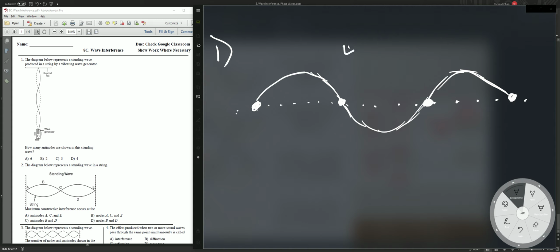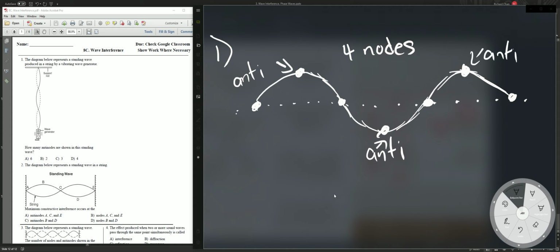So there are 4 nodes here. The antinodes are at the maximum displacement. So these are antinodes, anti, anti, anti. So there are 3 antinodes here. That's the definition of nodes and antinodes.